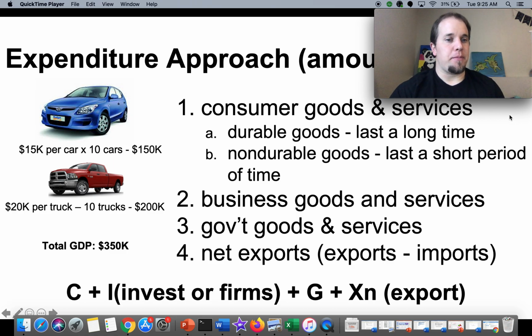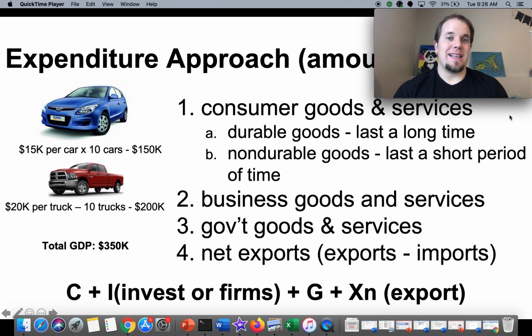So here's an example. Let's say that we have a country and the only goods and services that are sold are cars and trucks. Nothing else. Let's just theoretically stick with me here. We sold 10 cars this year at $15,000 each, totaling $150,000.